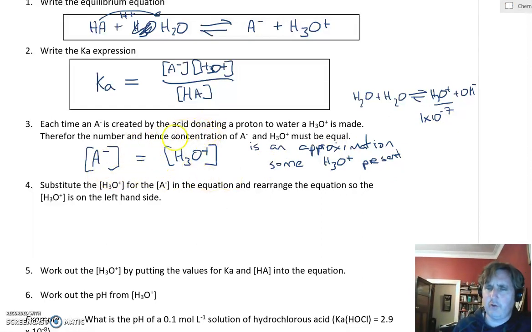Now if this is true, wherever we have an A minus, the conjugate base, we can replace that with an H3O plus.